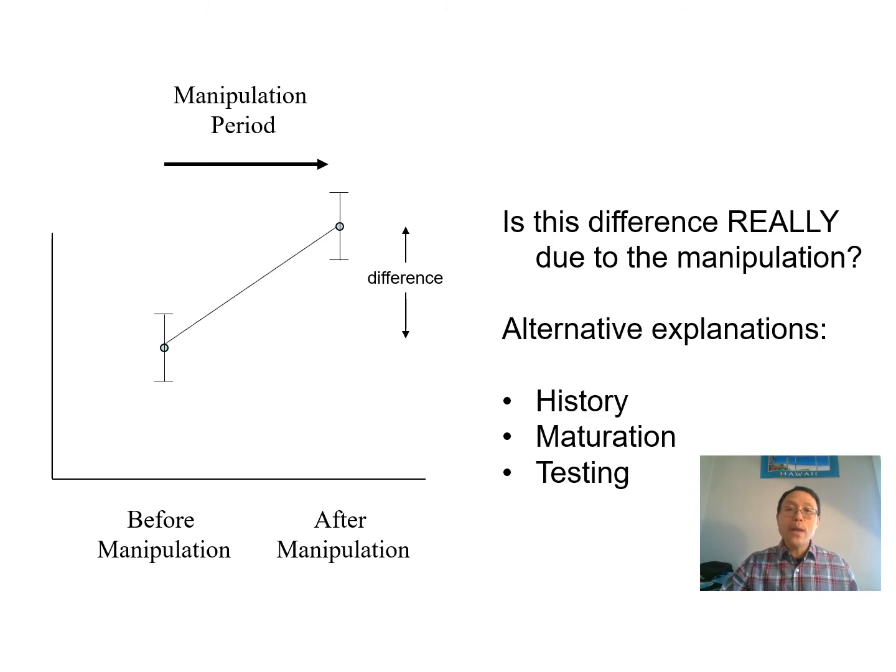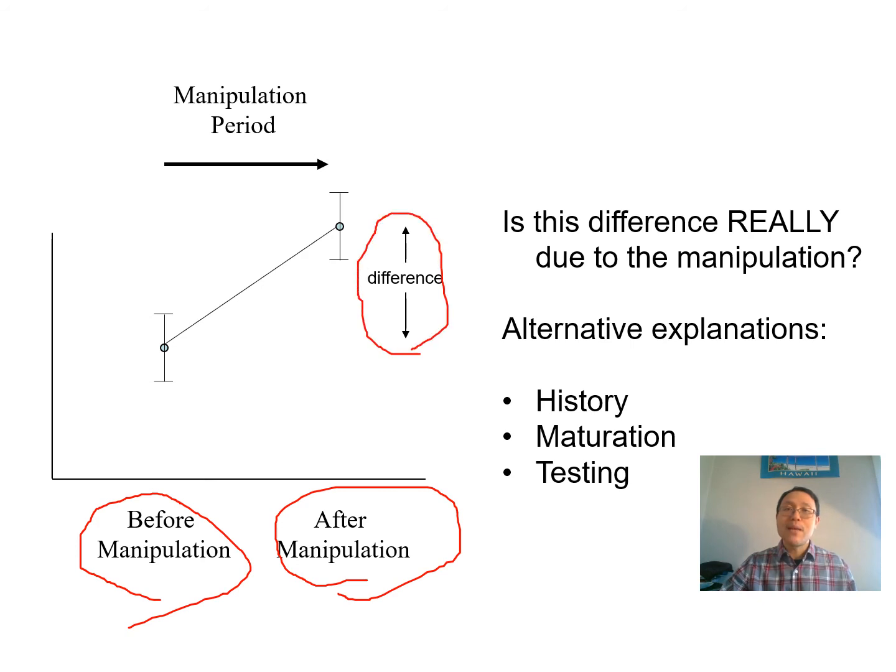And you see that there is a huge difference. But then the problem is, is this difference really due to the manipulation? You can also say that this can be a history effect, a maturation effect, or a testing effect, right? So how would you rule this out?